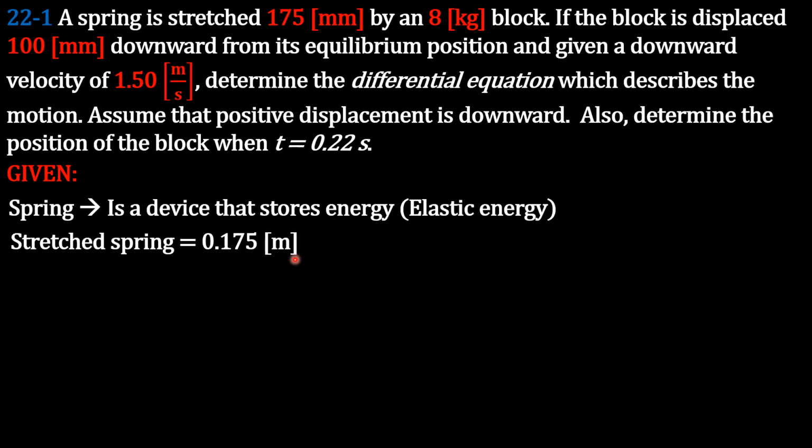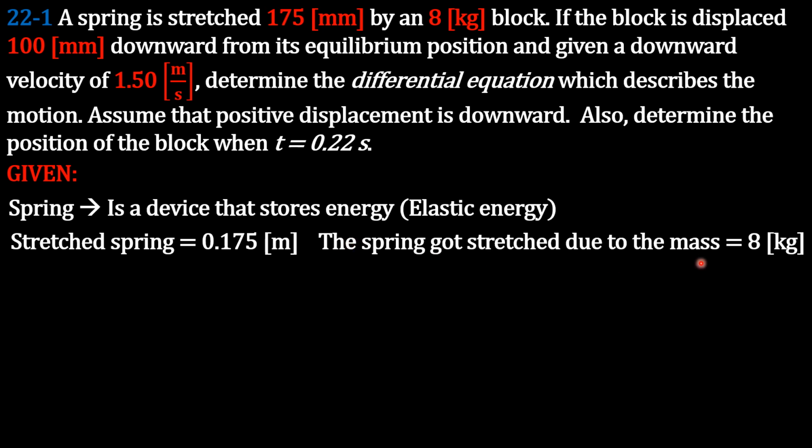So that is the change or the deformation of the spring. The 8 kilogram block is displaced an amount of 0.1 meter from the equilibrium downward in the positive direction.